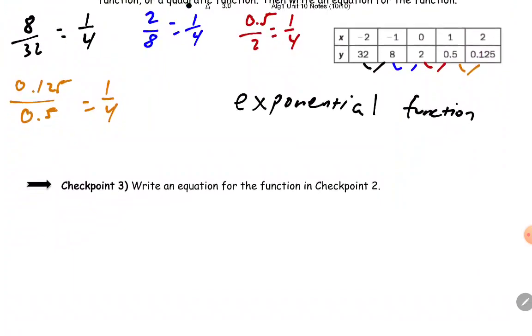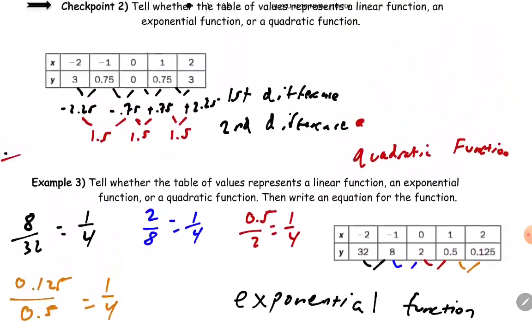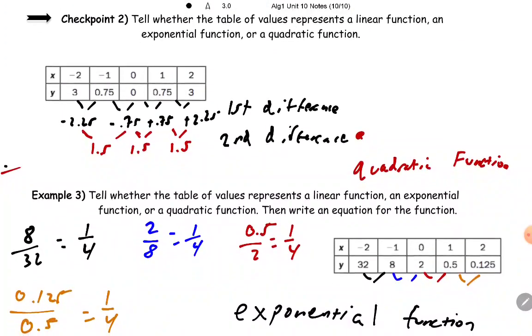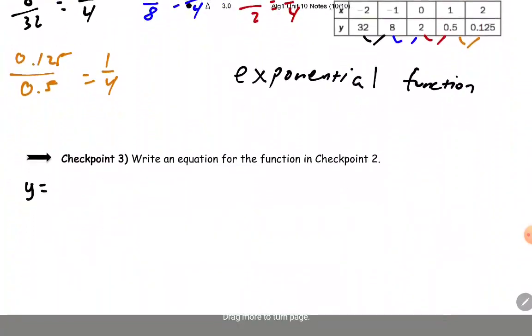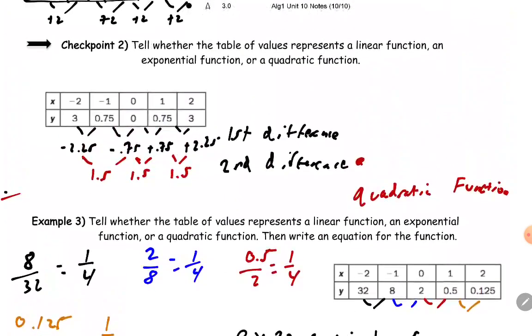Write an equation for this. Okay, checkpoint 2. So this is a quadratic function. So y equals ax squared. So we're going to take one of these values that we do know.